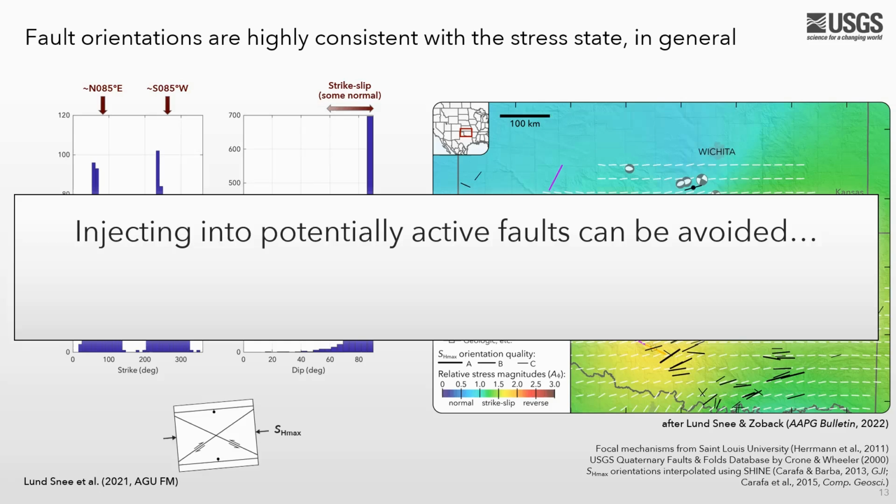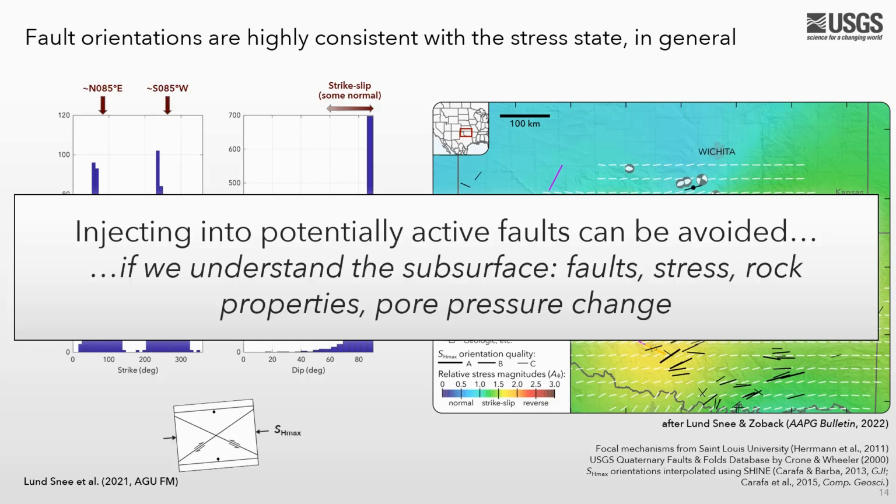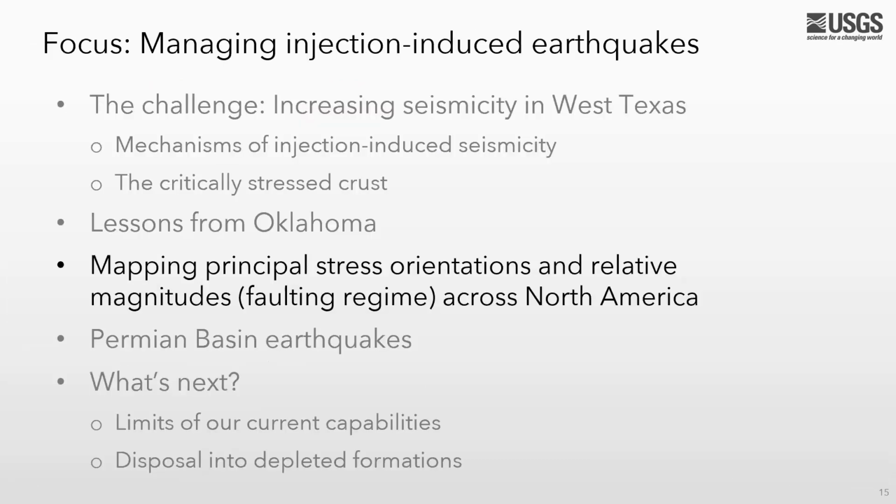But that's also instructive about the types of places where you might be more careful about, say, wastewater disposal. And I'll say, it can be avoided if we understand the subsurface well, and that includes not just knowing the state of stress, but also knowing faults, which is usually one of the hardest things to know, especially in the crystalline basement, rock properties like permeability, and the pore pressure change that you're dealing with.